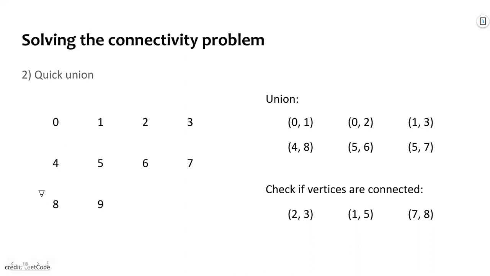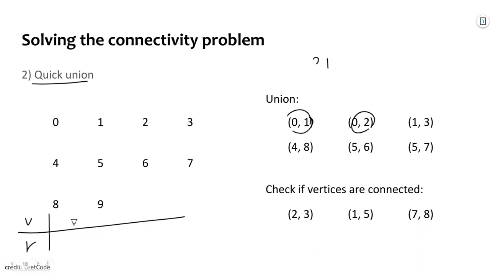So in the case of quick union, what we do is make the union operation quick. Let's say we have vertices and roots, and we're going to keep track of vertices and roots. When we want to unite 0 and 1, we first update, let's say the root is now 1. Then after uniting 0 and 1, we update the root of 0 as 1, like this.